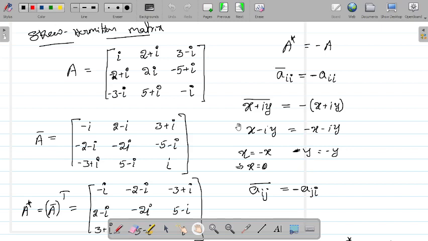So let's discuss more about these Hermitian matrices. Here is one thing I'd like to discuss. You can take it as a theorem. If A is a Hermitian matrix, then what can you say about iA, and similarly minus iA?